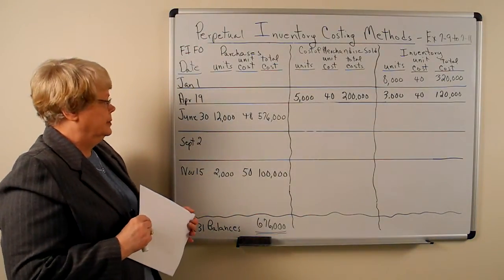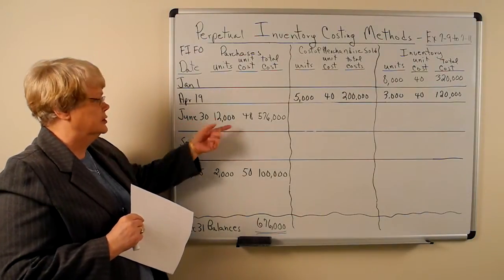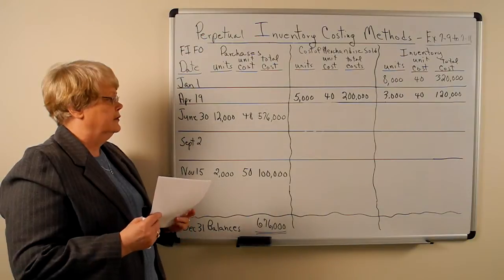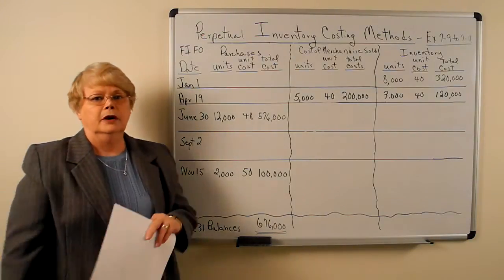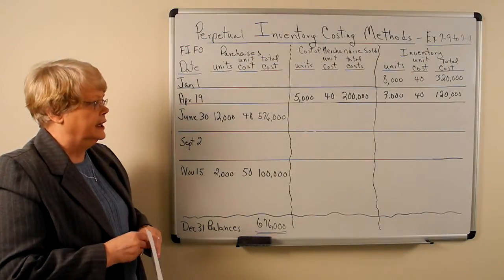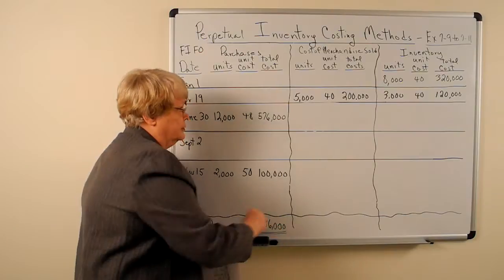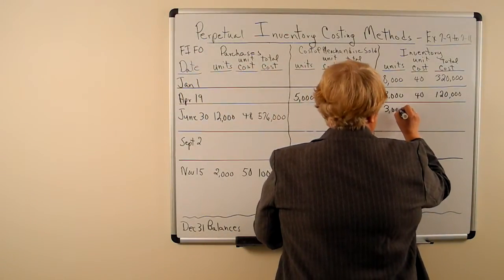The next thing that happened in the exercise, we purchased inventory, 12,000 units at 48, or 576,000. Now we need to come up with what inventory we have today. So let's not forget that we have that 3,000 units today, so we'll bring that down. Always repeat it.